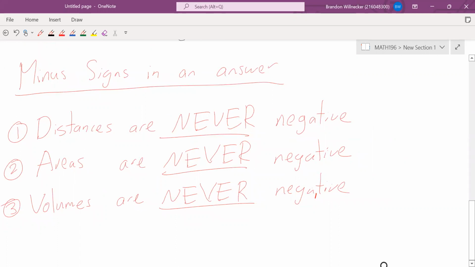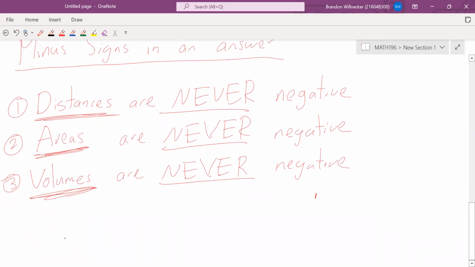These 3 have to be positive. Any other question, it can be negative or positive, depending on the question. But these 3 specific ones, distances, areas, and volumes, are always positive.